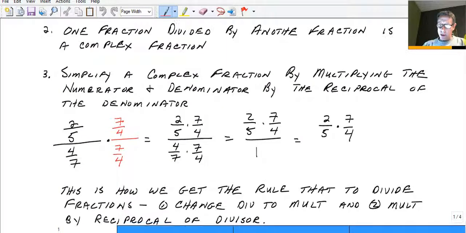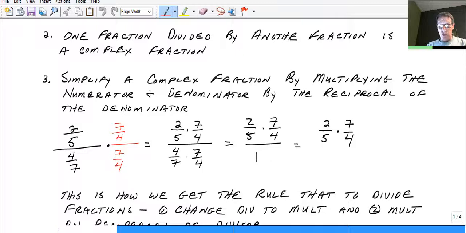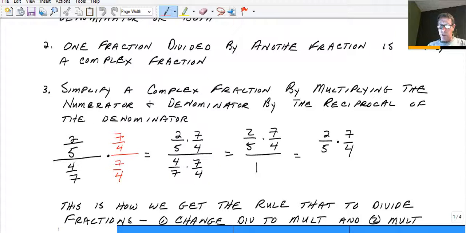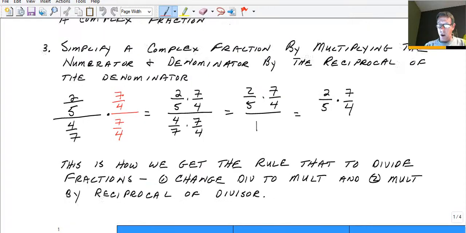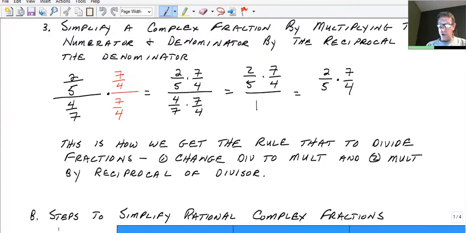Notice that when you were in middle school, you learned that if you were dividing fractions, you took the reciprocal of the second number and changed it from division to multiplication, and that's how they got that rule. You memorized it then, and now you understand how it occurred. Let's look again: 2/5 divided by 4/7.